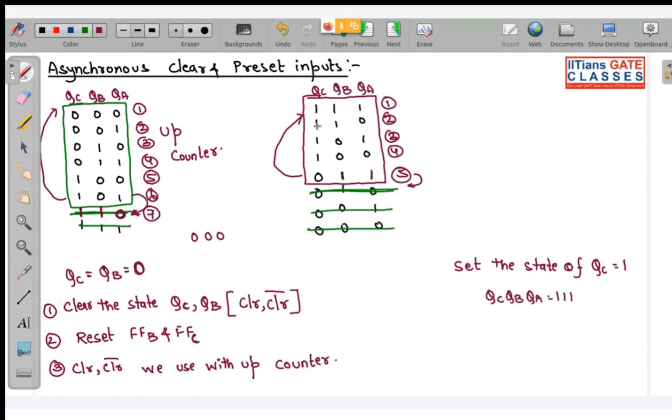So basically I am setting this C flip-flop. So this we can get using either pre or pre-complement. So I am presetting, I should have written, preset the state of QC to 1. So this can be achieved using pre or pre-complement. So remember, this we always use with your down counter. Tell me if this is clear or not.